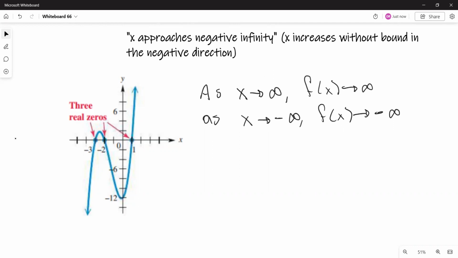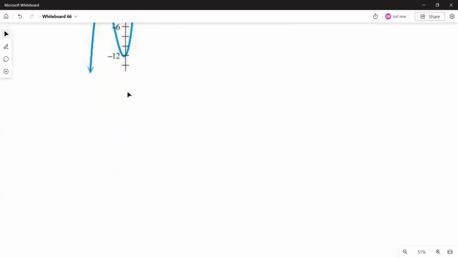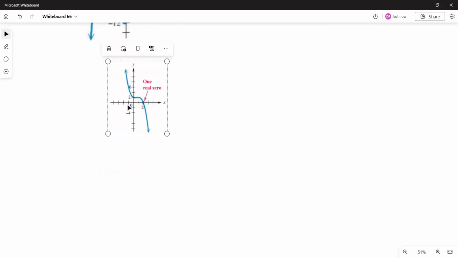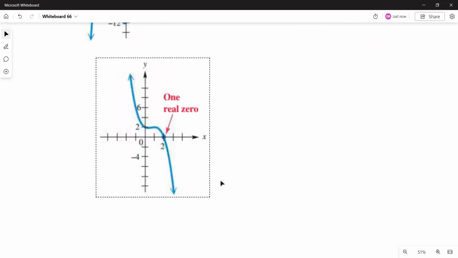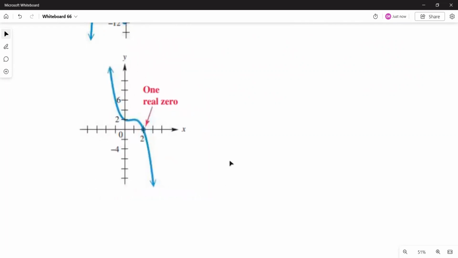So when x keeps moving to the left, y keeps falling. And when x moves to the right, y increases. And another graph that we mentioned, I'm copying that one.